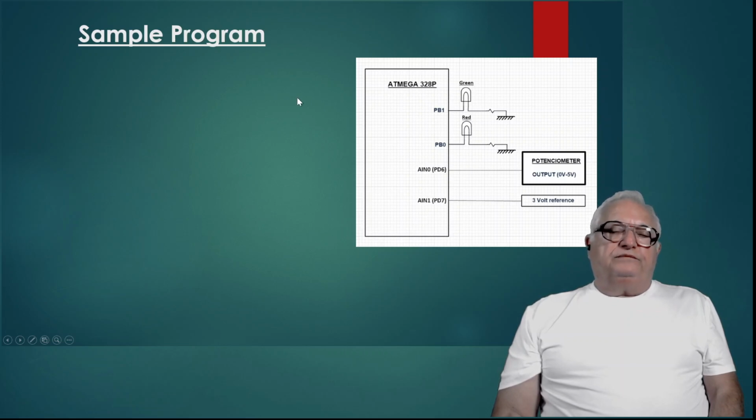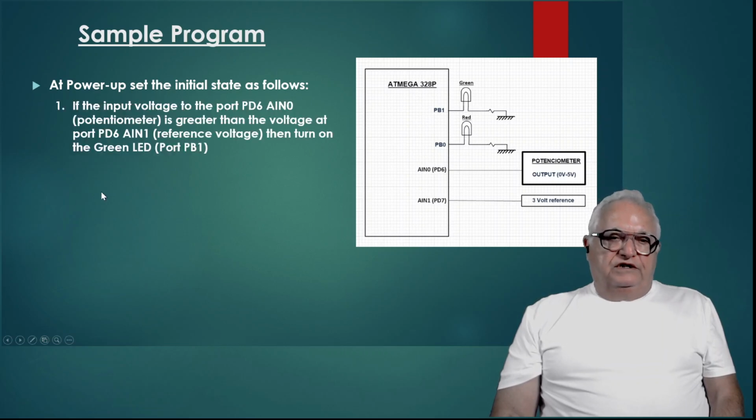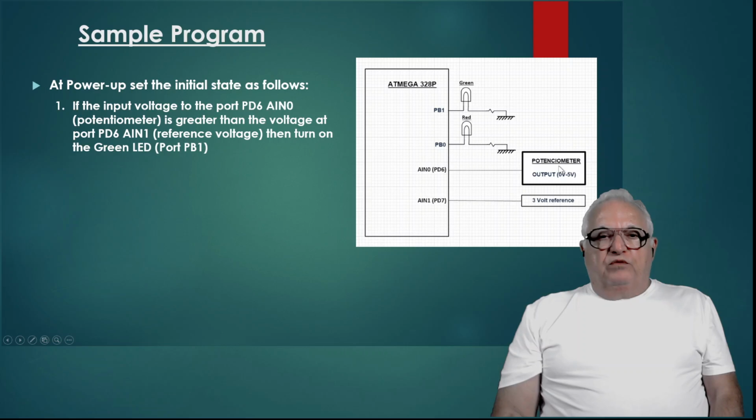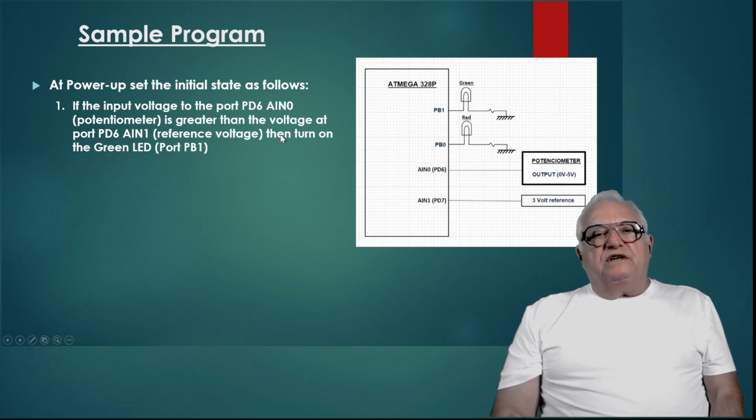So the sample program: at power up, set the initial state as follows. If the voltage at port PD6, which is AIN0, where we have hooked up our potentiometer, is greater than the voltage at port PD7, AIN1, which is our reference voltage, then turn on the green LED.